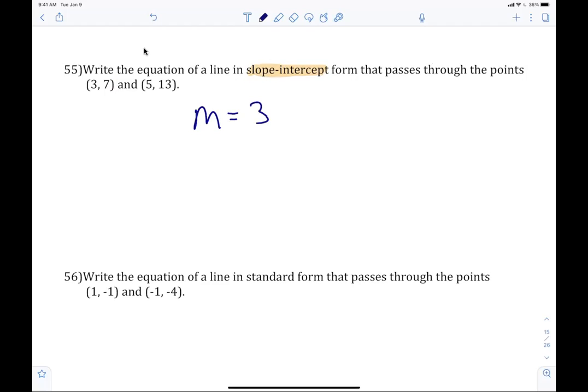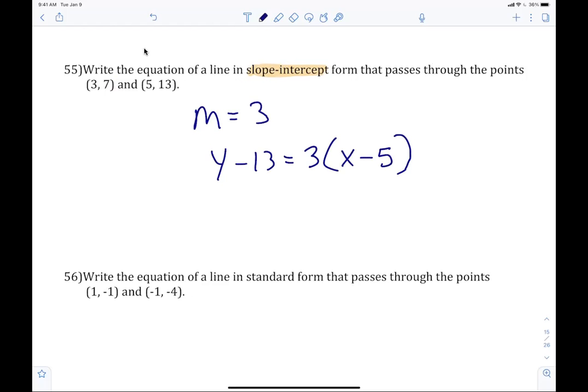All right, now write the first equation. Y minus 13 equals 3 parentheses x minus 7. I mean minus 5. Thank you. Now what?